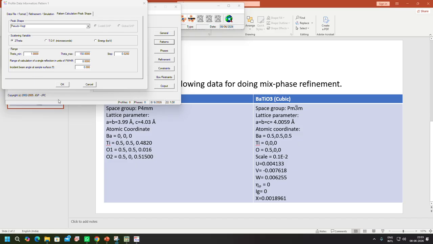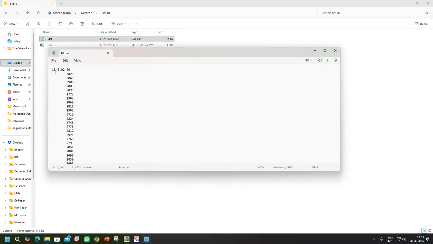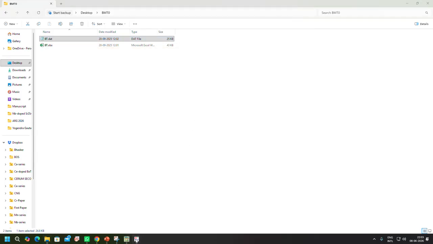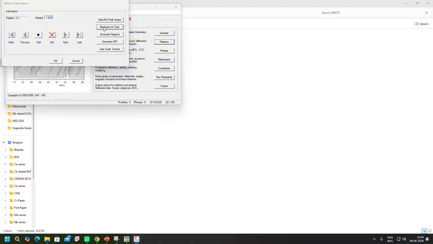If you have not remembered, just open your input file and see the initial angle, the step size, and the final angle. In this format you put your values: here 10, then the maximum angle is 90 degrees, and 0.02 is the step size.